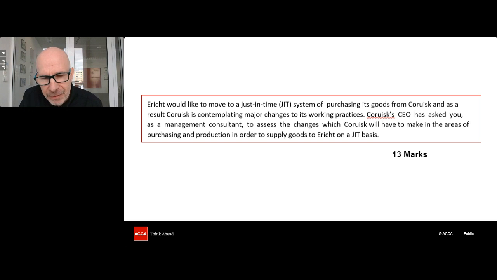Half of 13, 6.5. 7 would be a bare minimum pass, but let's add a little buffer. Let's make it 9. 9 marks. But we've got 2 things to do, purchasing and production. So if we could use a heading for both, it's 4 or 5 ideas under each.